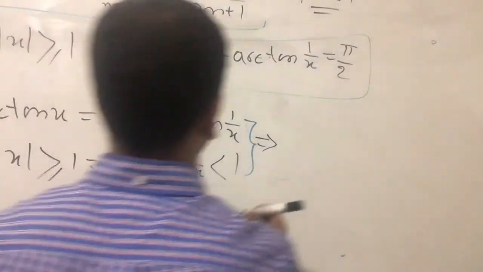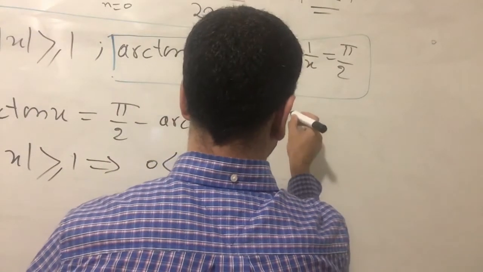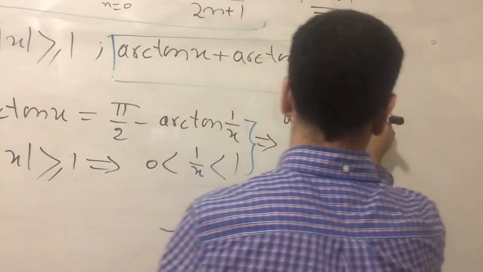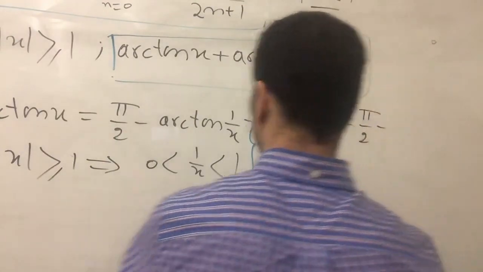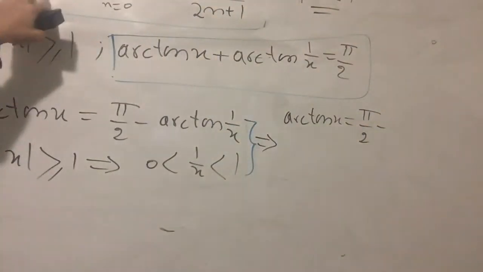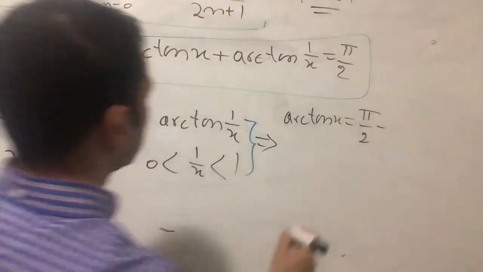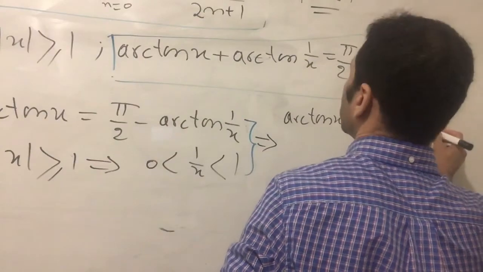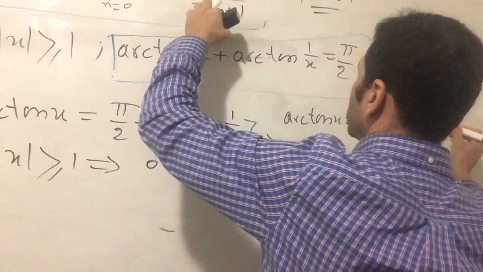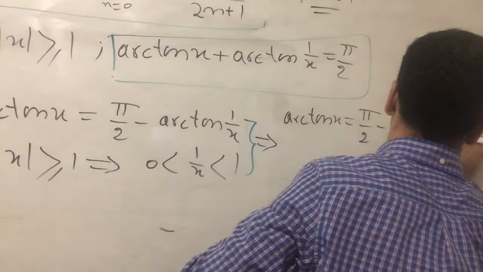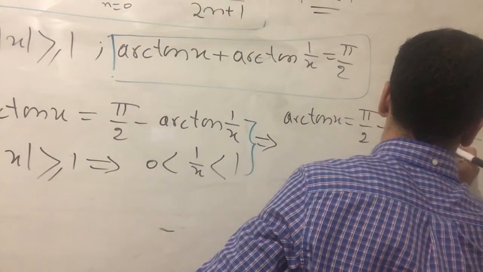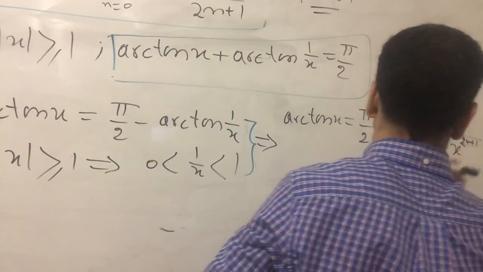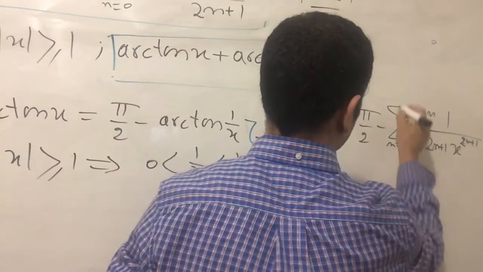So arctangent of x equal to pi over 2 minus, I'm going to replace x with 1 over x in this series. So we'll have minus the sum of (minus 1) to the n, replacing x by 1 over x, 1 over 2n plus 1 times x to the 2n plus 1, as n goes from 0 to plus infinity.